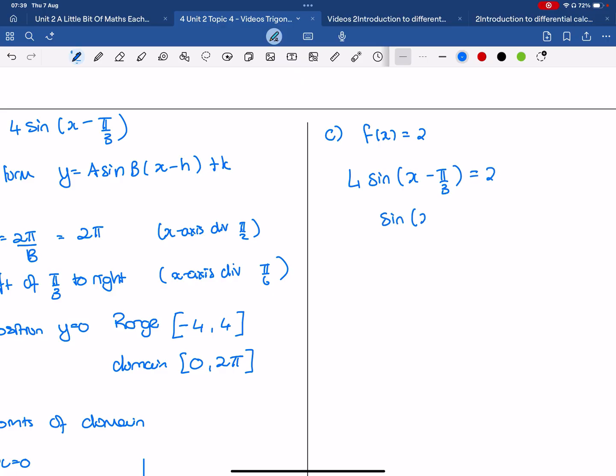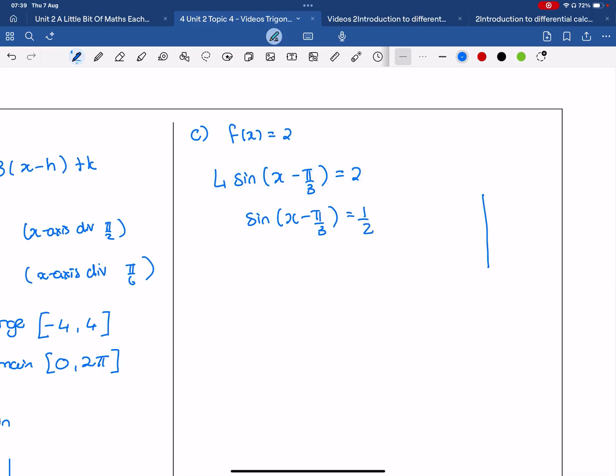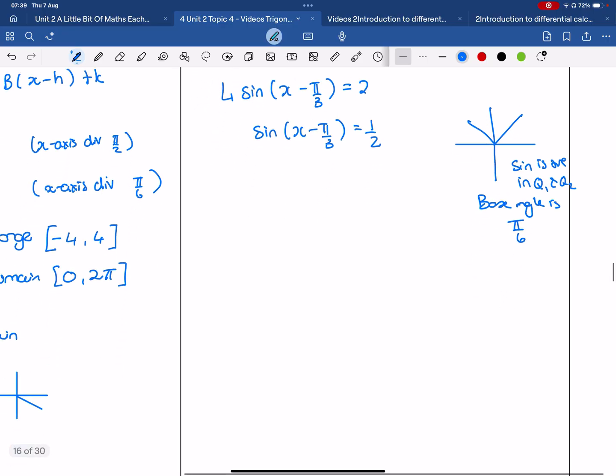And that's where sine of x minus pi on 3 is equal to 1/2. And sine is positive in quadrant 1 and quadrant 2. And my base angle is going to be pi on 6.